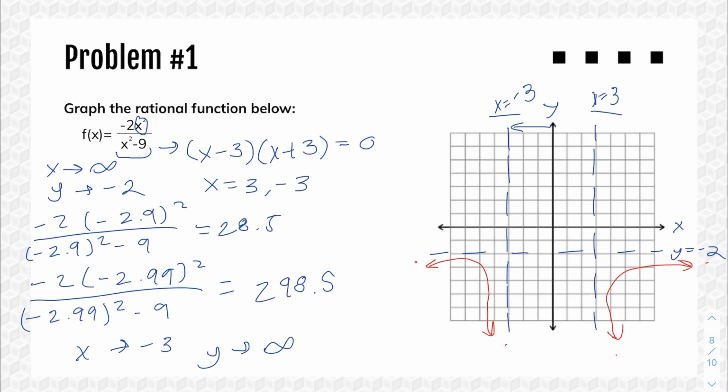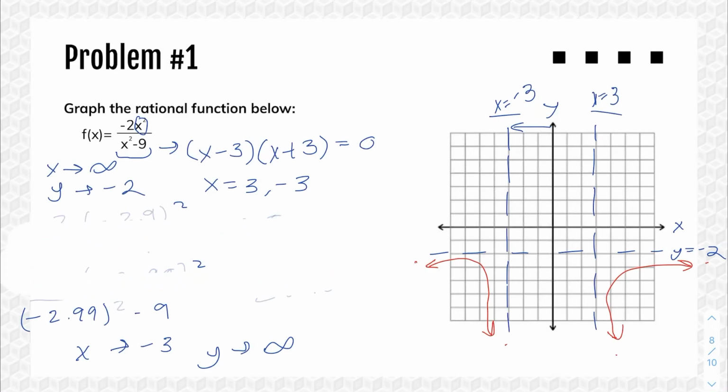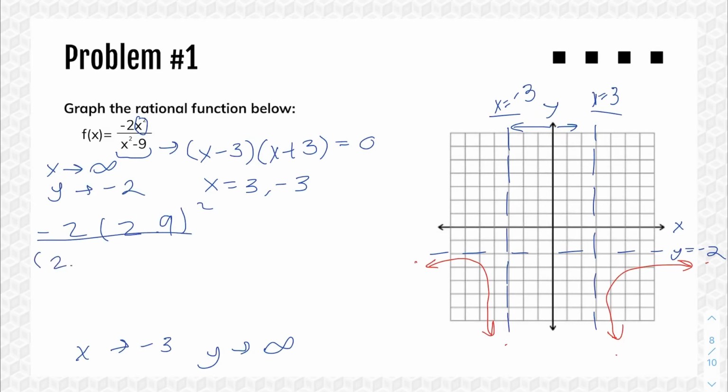Now this is quite interesting. Let's repeat the process, but for our other asymptote, x is equal to 3. For this asymptote, we will approach 3 from the left direction, meaning that our x value should be 2.9. By plugging this into the equation, our calculator gives us that by having x equal 2.9, y is 28.5.